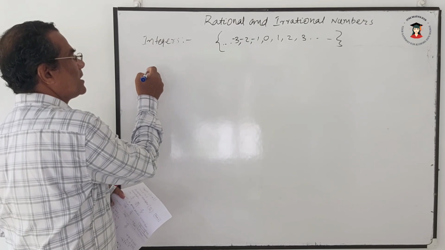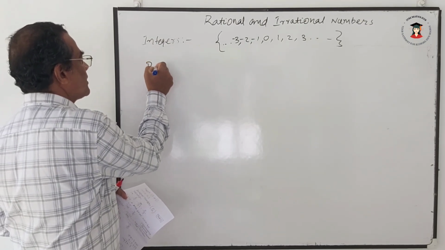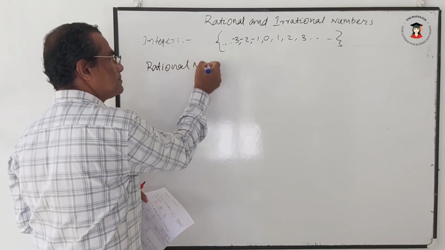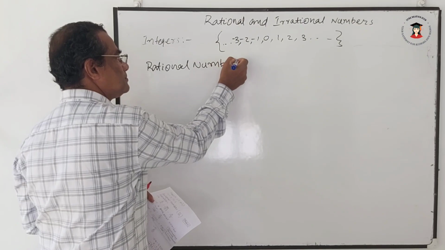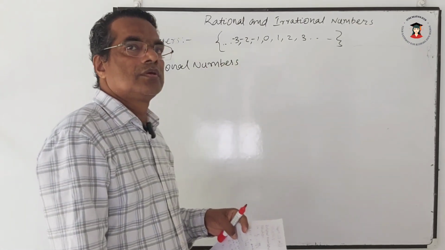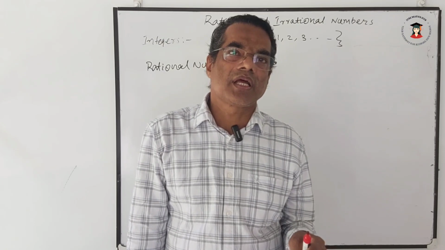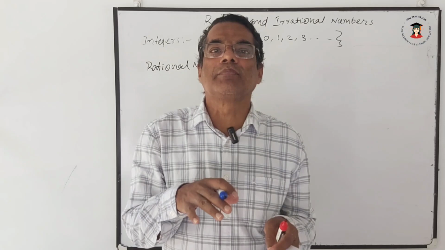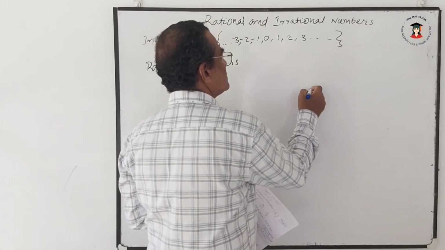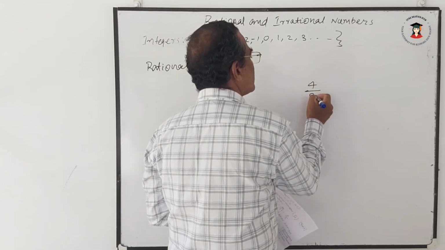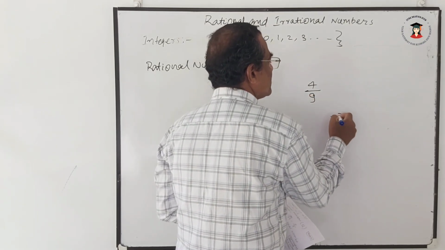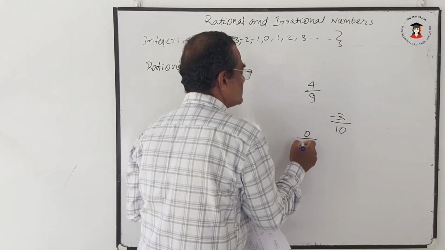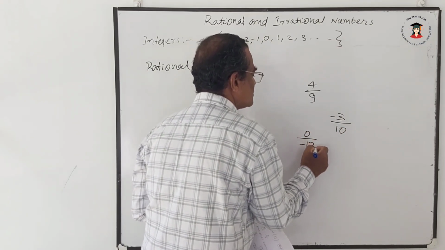The second topic I am taking is rational numbers. A rational number is a ratio of two numbers, say 4 by 9, -3 by 10, 0 by -13.